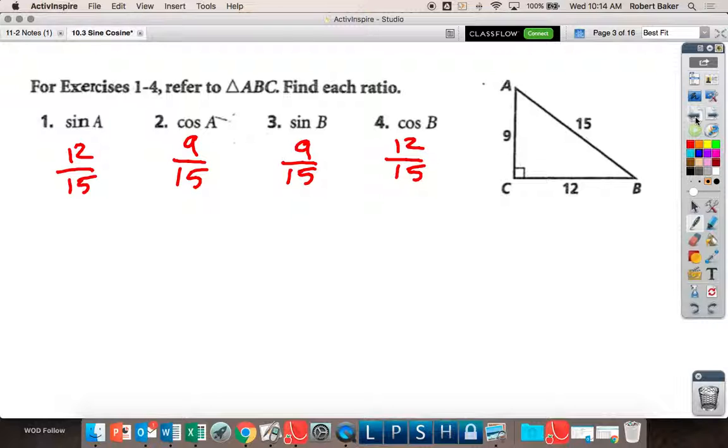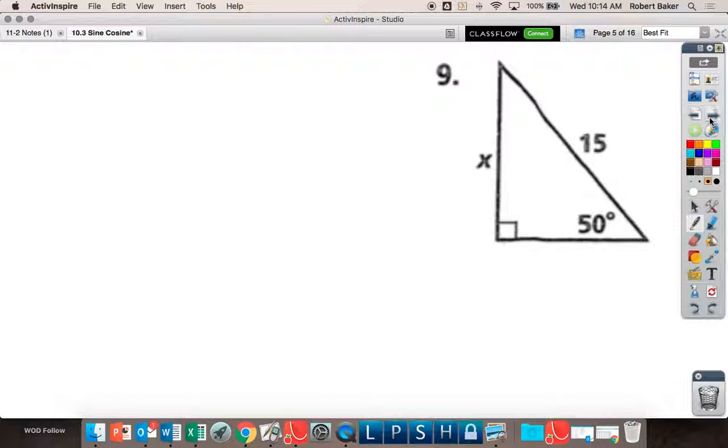So today I'm not going to go through the whole worksheet and set them up and then go back and solve. Today we're going to set up and solve simultaneously because you already know all the tricks. So this is weird. You have an angle and you have 2 different trig functions to pick from. So you have to say, what angle are you looking at and what do you have in relationship to this angle?